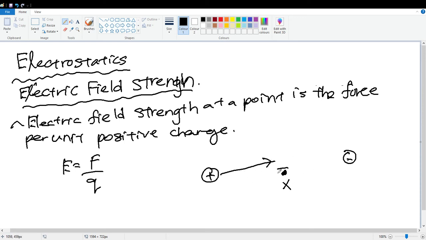This point X is one of the regions that exert electrostatic force. So the electric field strength is describing the force for 1 unit positive charge. This is what the electric field strength describes. Okay, so this is the definition for electric field strength.